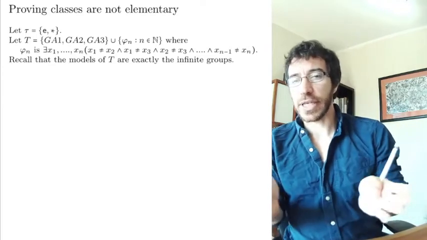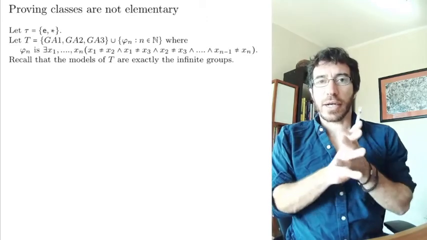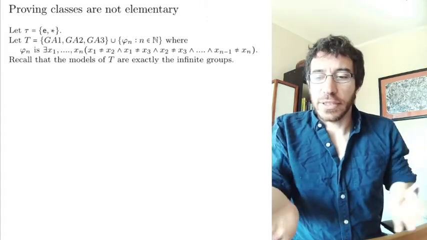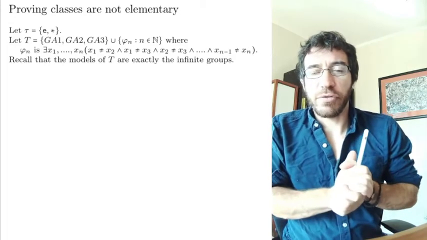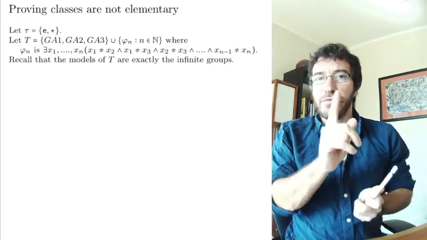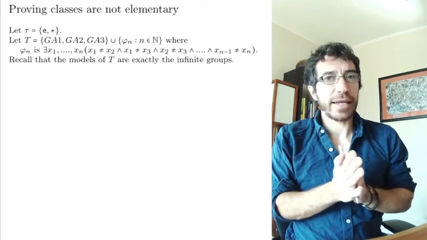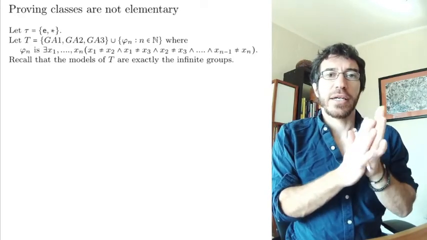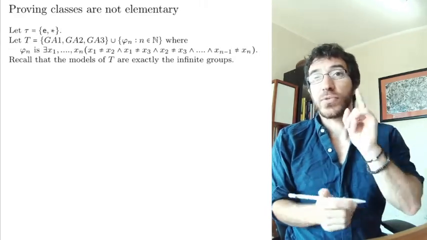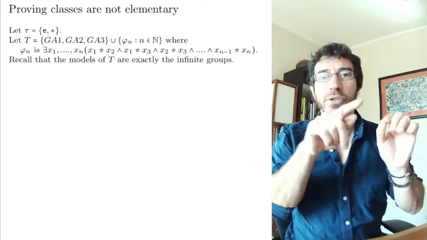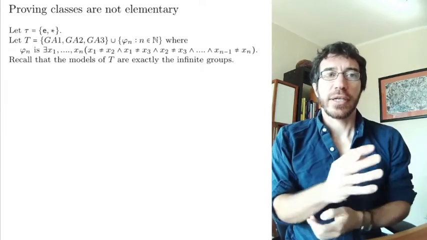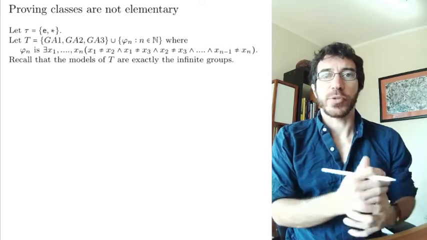This set of sentences characterizes infinite groups. But we need an infinite set of sentences, right? We need one phi of n for each natural number, and elementary meant that there are finitely many. Actually, elementary means one, right? Because if you have finitely many, we can put an and between all of them. So there is no single sentence that is going to axiomatize infinite groups.